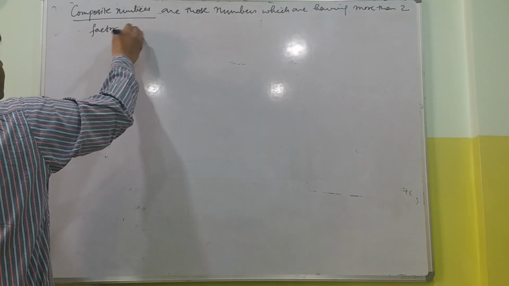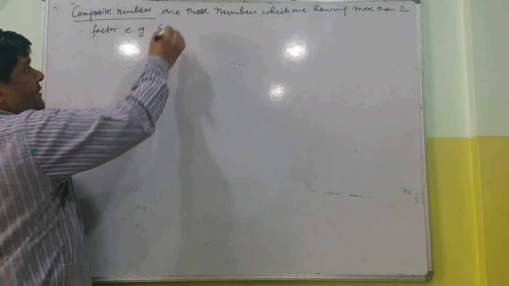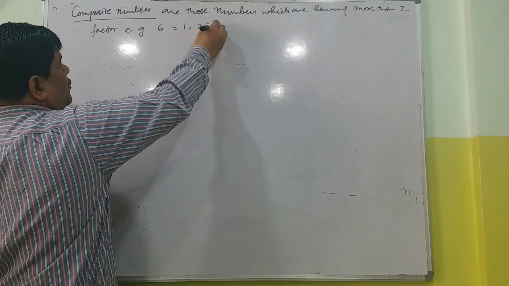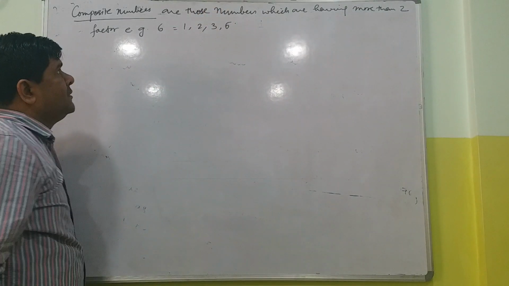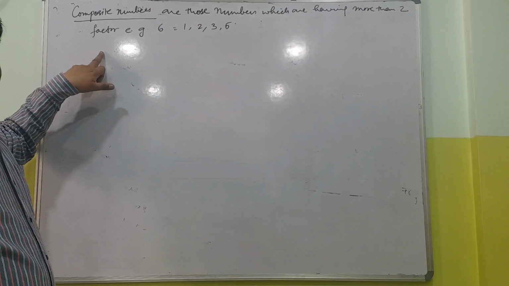For example, 6 is a composite number because 6 has four factors: 1, 2, 3 and 6. So composite numbers are those numbers which are having more than two factors.